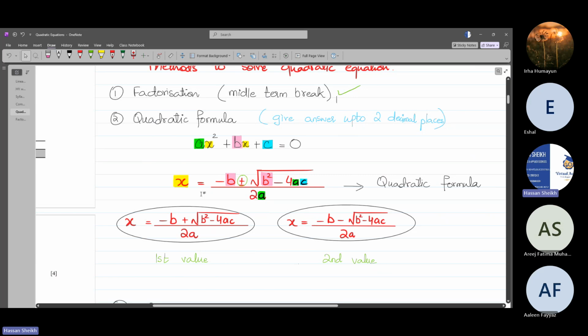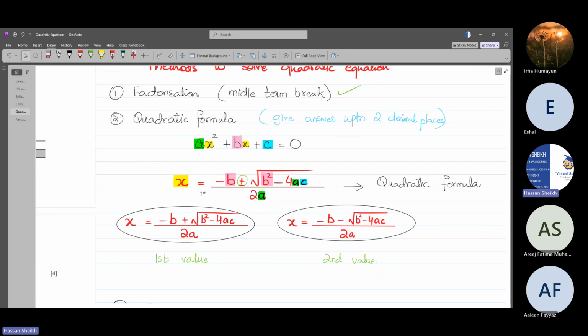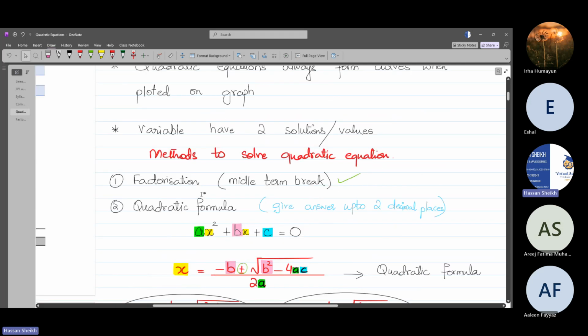Remember that the standard form of a quadratic equation is ax squared plus bx plus c, where a is the coefficient of x squared, b is the coefficient of x, and c is the constant term, the number.